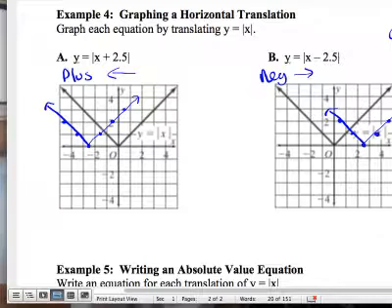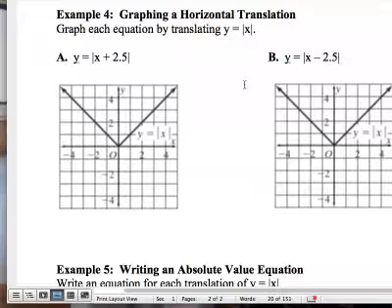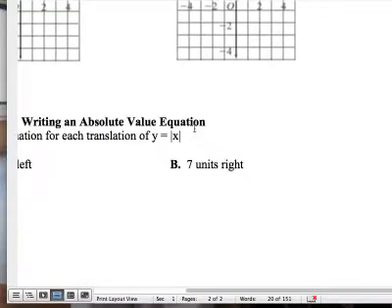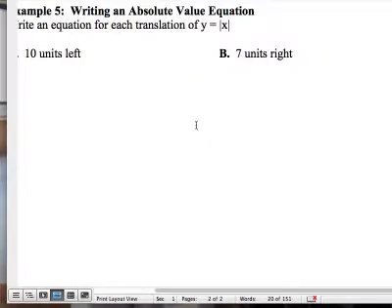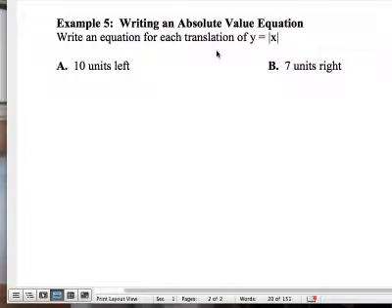All right, so let's write some equations for some shifts that go left and right. And just like graphing them, you have to think opposite still. Even when you're writing the equation, you have to think opposite. Because letter A says 10 units to the left. Because it's left, we know it's going to go inside the absolute value bars, and you have to think a positive number. So your equation looks like this.